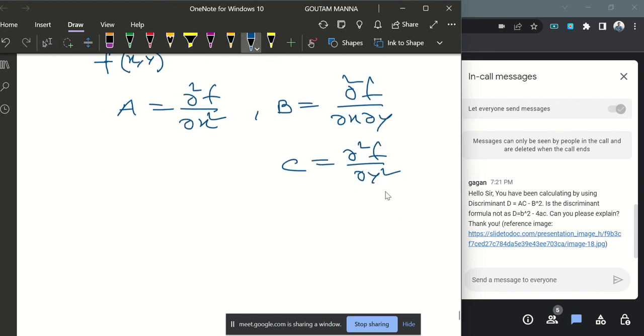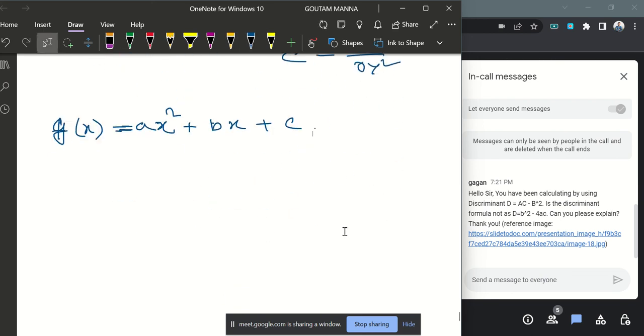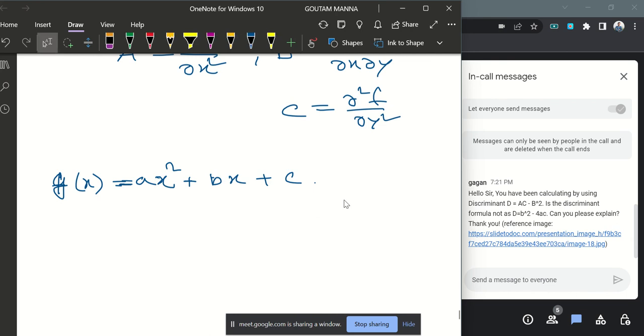In case you have a function like f of g of x, which is, let's say, x square plus bx plus c, something like that, the discriminant that you are talking about, b square minus 4ac, is different.